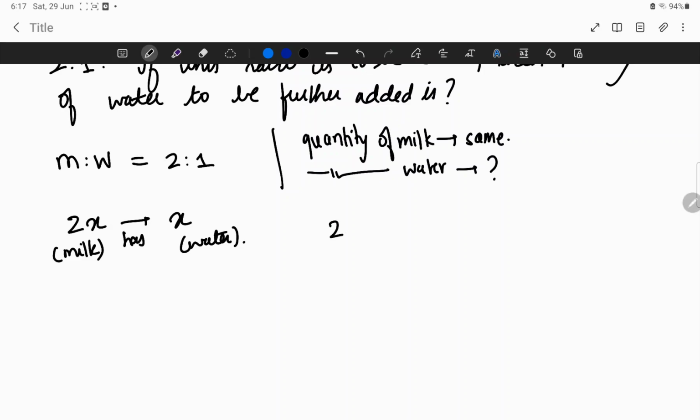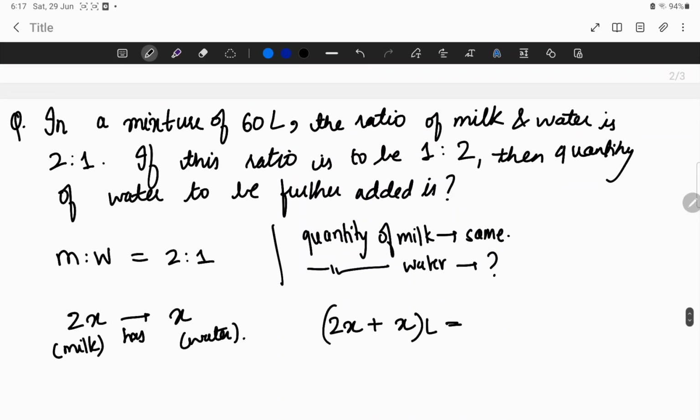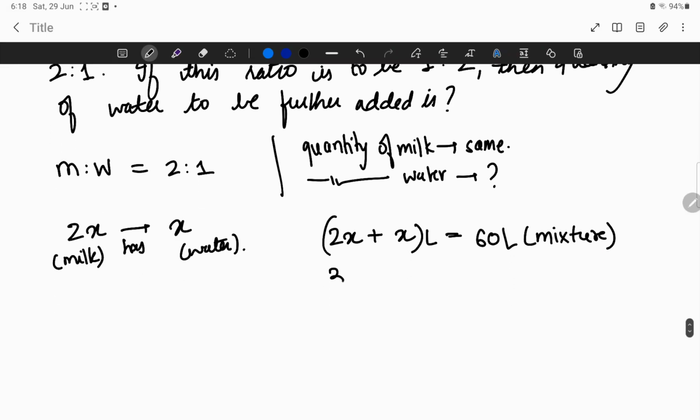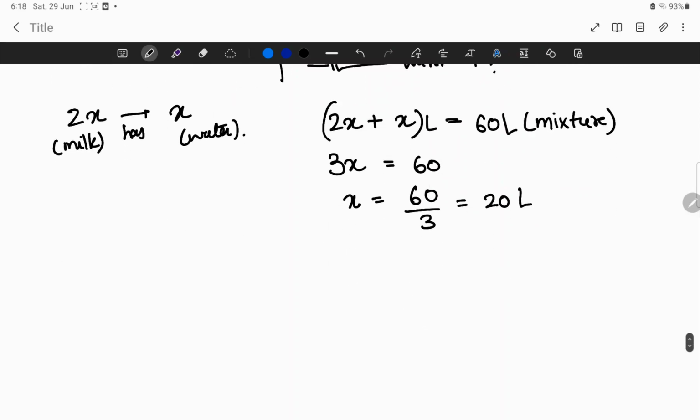If you add these two quantities, you will realize that 2x plus x liters comes out to be 60 liters, which is the mixture. Now this is equal to 3x and this is equal to 60, so your x will be equal to 60 upon 3, which is equal to 20 liters.